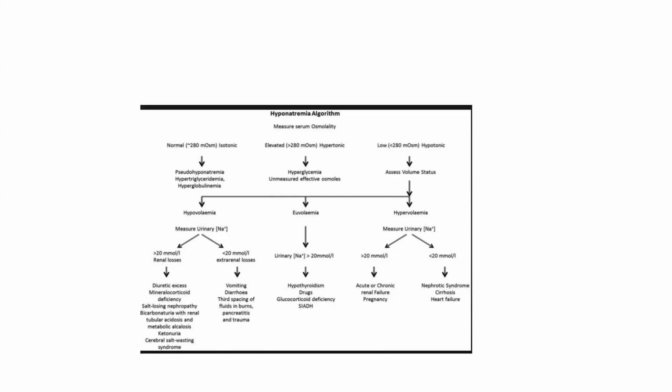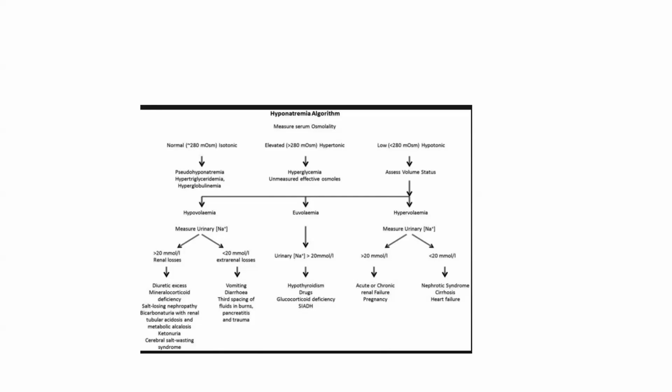If serum osmolality is elevated, then it may be because of causes like hyperglycemia or excessive administration of mannitol. If serum osmolality is low, then that is a true hyponatremia. In that case, we need to assess the volume status.